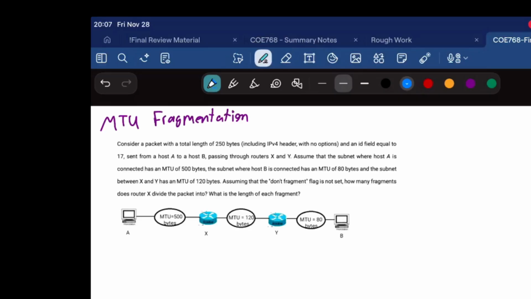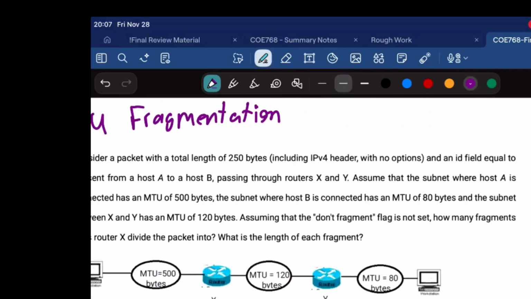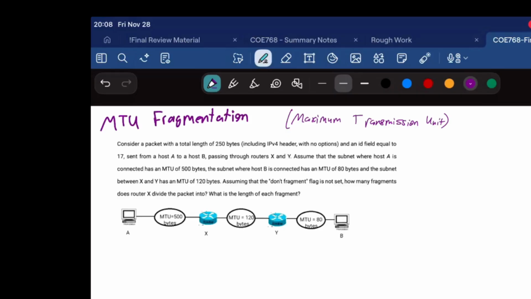So this question, MTU fragmentation. For those who may not know, MTU is the maximum transmission unit, and by default, devices will communicate with each other at 1500 MTUs or 1500 bytes.